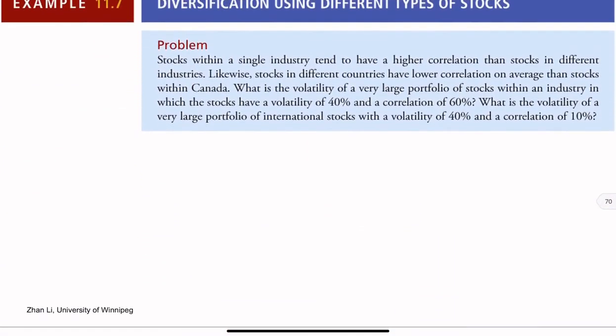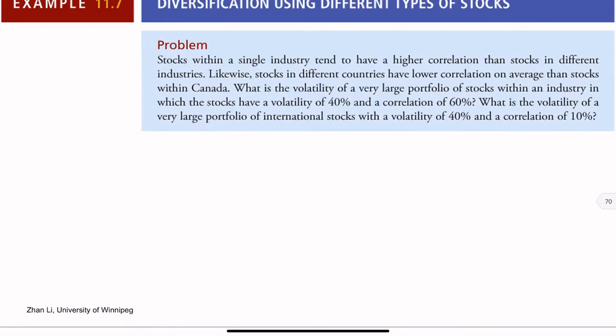Okay, now let's see this example here. Stocks within a single industry tend to have a higher correlation than stocks in different industries. Likewise, stocks in different countries have lower correlation on average than stocks within Canada.